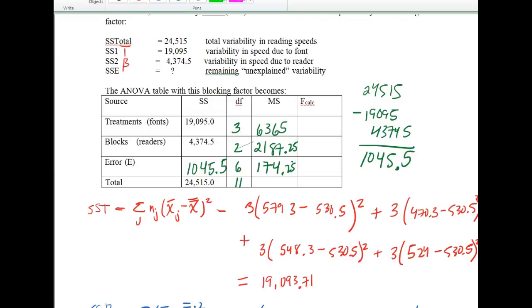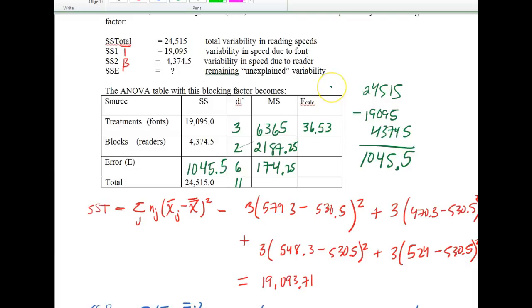And we can see from our table that the FCalc is just going to be whatever the mean squares is for either the treatment or the block divided by that of the error. So the first one is going to be the 6365 divided by the 174.25, and that is going to get us 36.53.